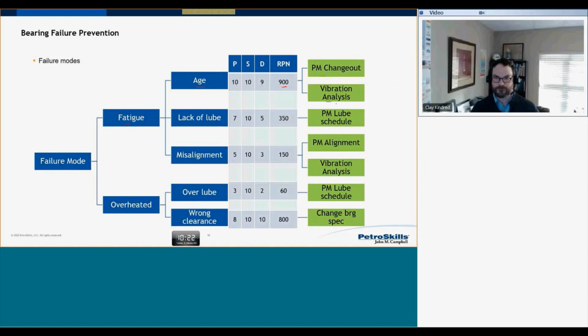I could also do vibration analysis. So what I'm doing, I'm trying to reduce this RPN number by reducing the probability of the failure. And remember, this is a probability that this piece of equipment will fail in service due to this particular problem.